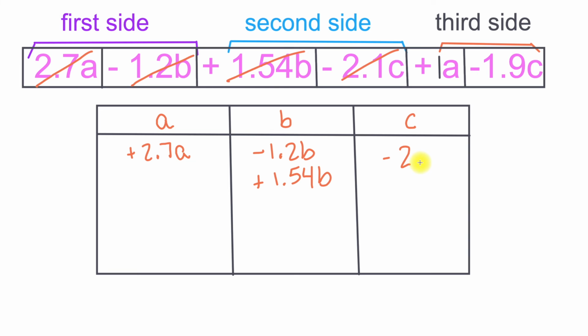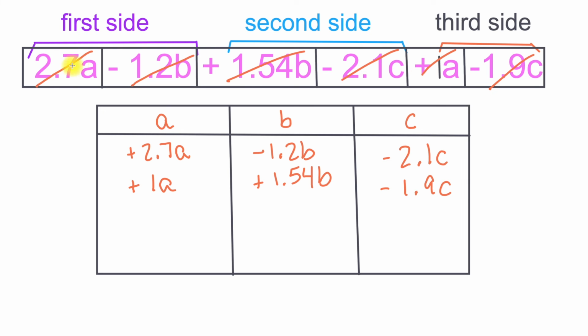Negative 2.1c. I'll go to my next term, positive 1a, cross it off here, and put it in the A column, so positive 1a. And then I've got my last term, which is negative 1.9c. That is a C term, so it will go in the C column, and I'll put it right here, negative 1.9c. And I'll cross it off here, and I'm done sorting each term of my expression.